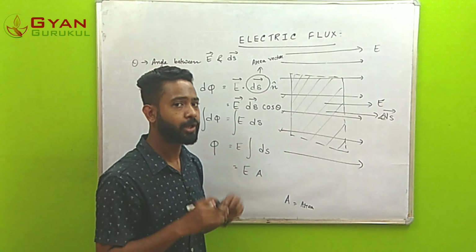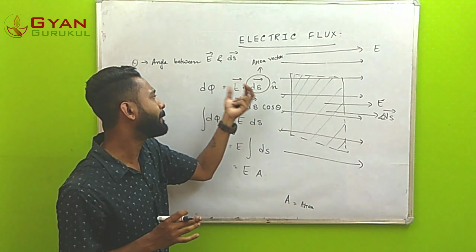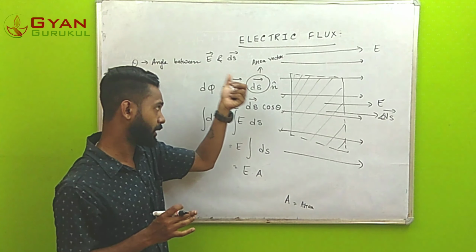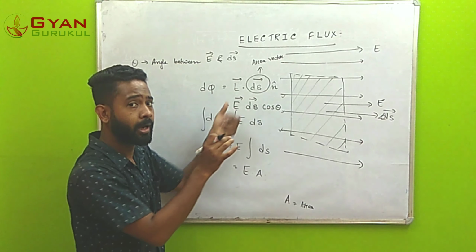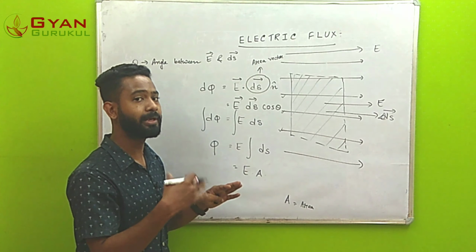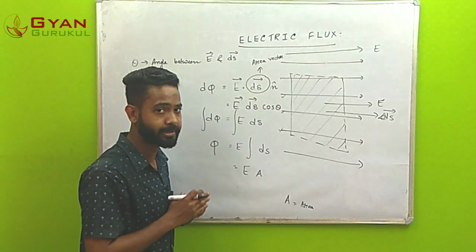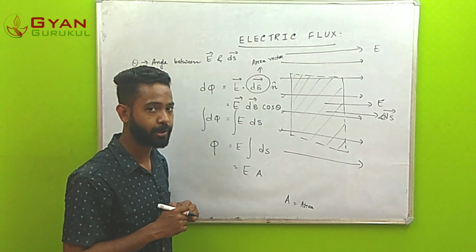Now let us try to understand what would happen if I do not apply a dot product. Instead of that, if I go for a cross product, will I end up getting the same thing? Will the expression and the concept still remain the same? Now let us try to understand that particular point.